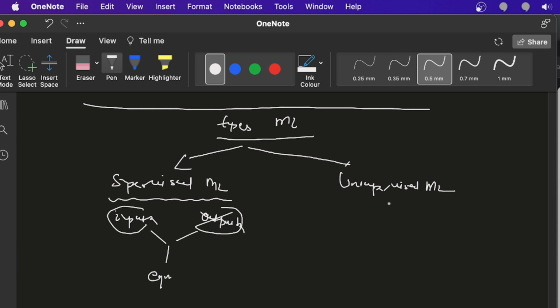But in unsupervised learning, there is no output. Only the input data is available, and you have to create a model which can cluster the data or associate the data.